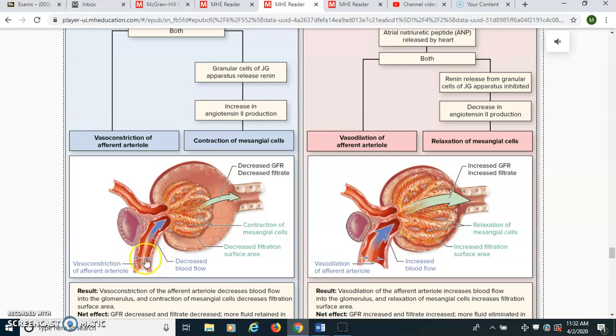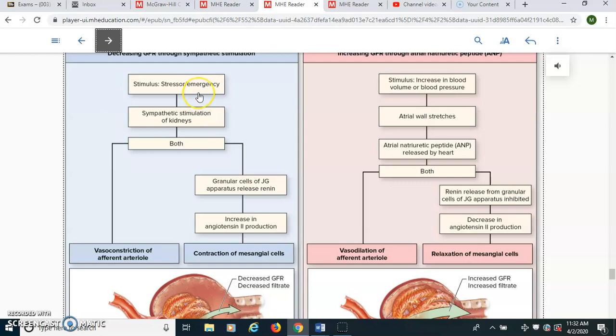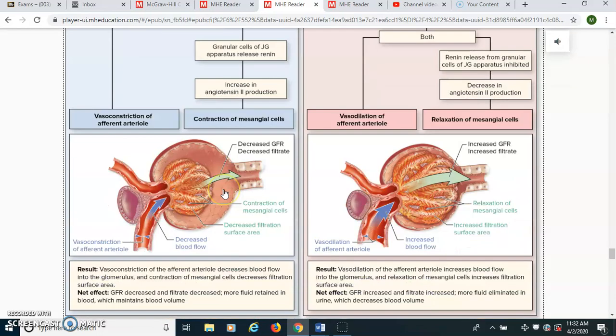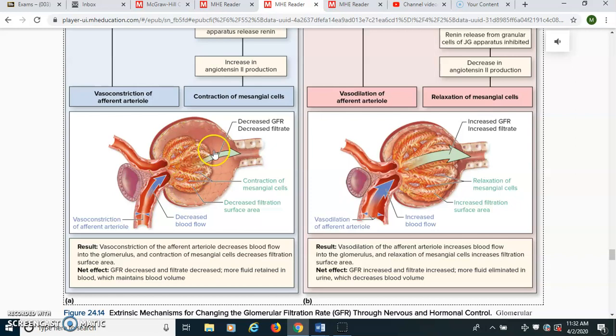That gives increased resistance and reduced blood flow into the glomerulus, and that slows down the glomerular filtration rate. Since we've lost a lot of blood volume, we don't want to lose any extra fluid. So in this particular situation that's not normal, the glomerular filtration rate is going to decrease and we'll get less filtrate.